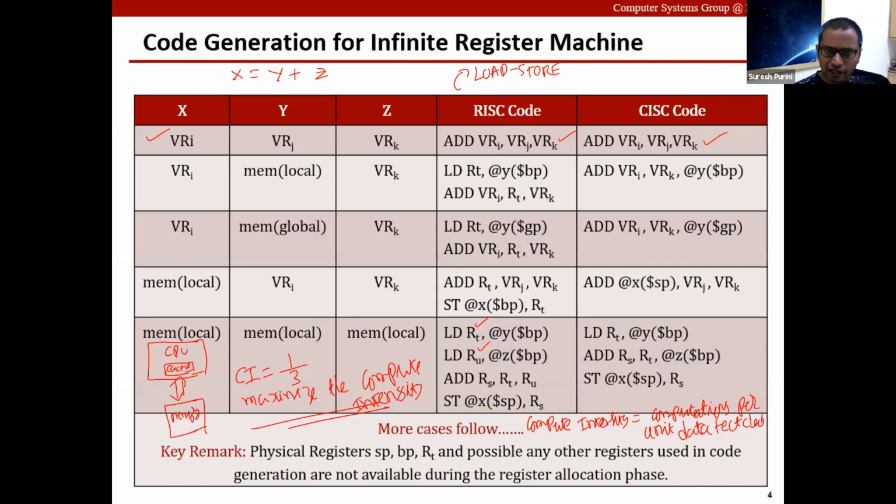We cannot allocate them to any virtual registers. We cannot map any virtual registers to them. And a few registers like RS, RT, RU have to be kept as scratchpad registers to take care of cases such as what we have seen just now. Okay, so a few scratchpad registers and special purpose registers, we have to keep them aside.